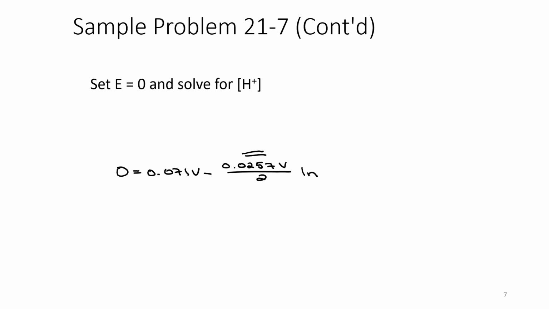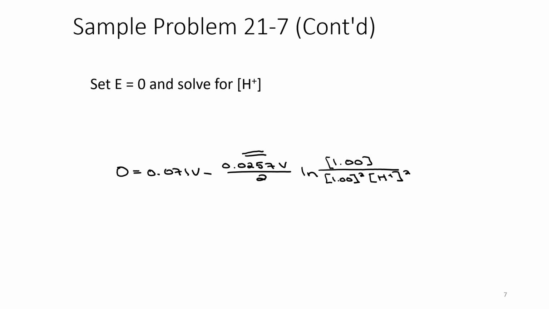So our H2S concentration was at standard conditions, so we're going to say that's 1 molar. And then on the bottom, we had our bromide ion concentration at standard conditions, which is 1. So 1 squared times our H plus concentration squared.